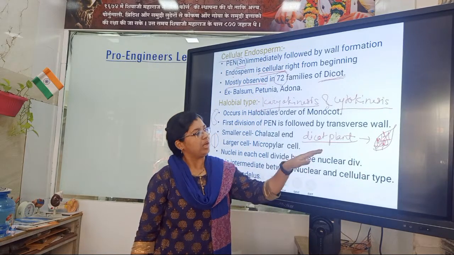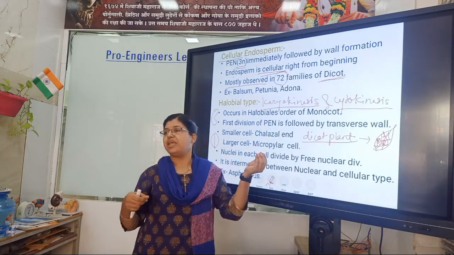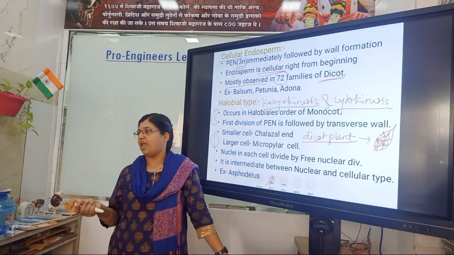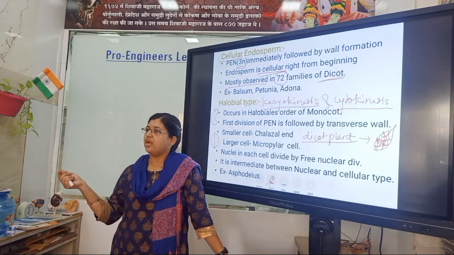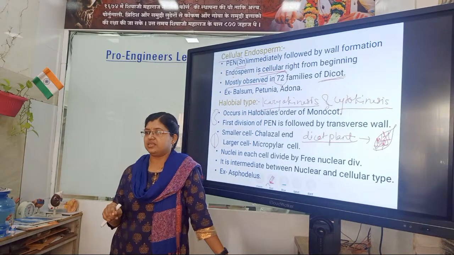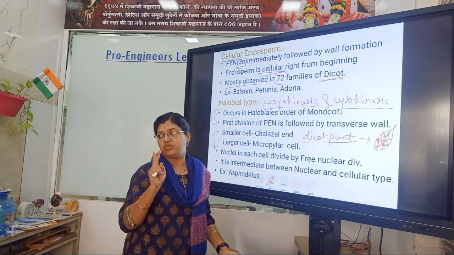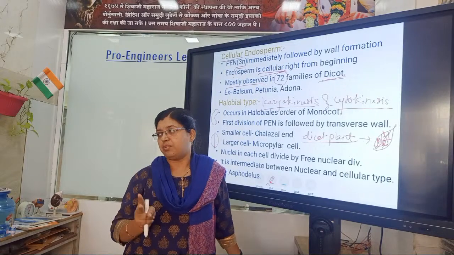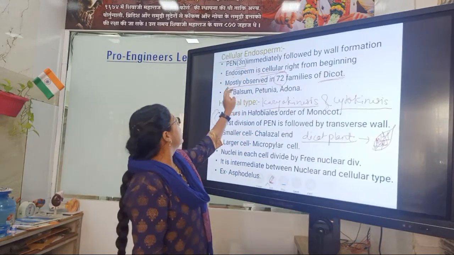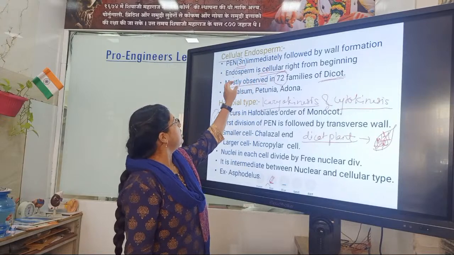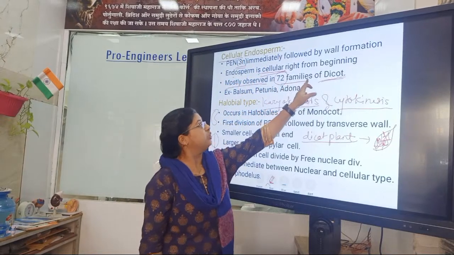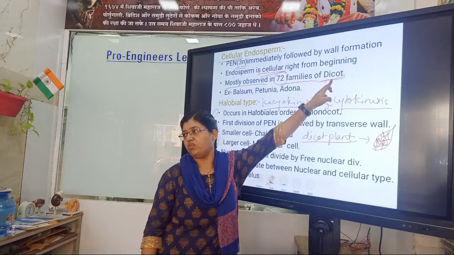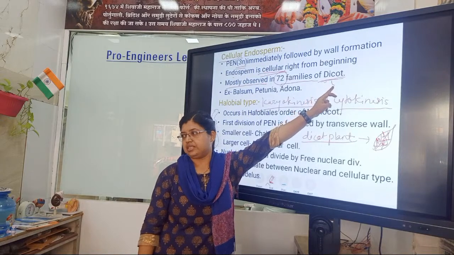And monocot plants mean maize and crop plants. That is the difference between monocot and dicot: single cotyledon and double cotyledon. So cellular endosperm is mostly observed in 72 families of dicot angiospermic plants.